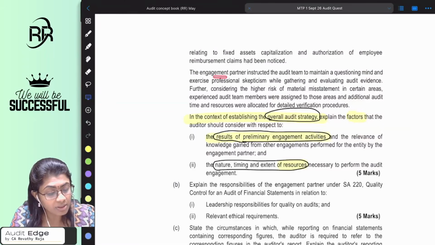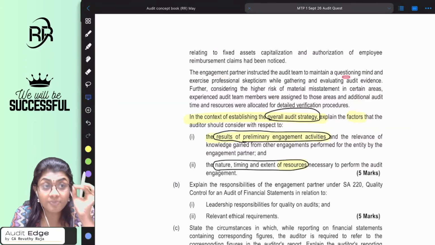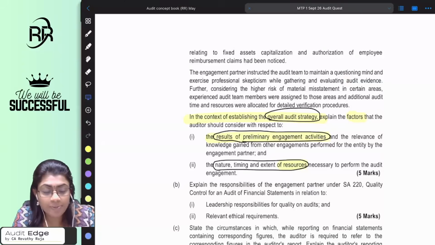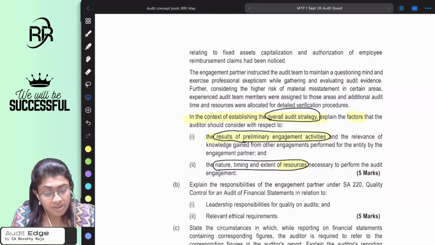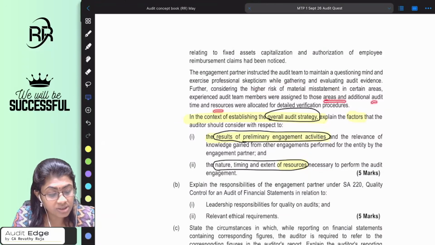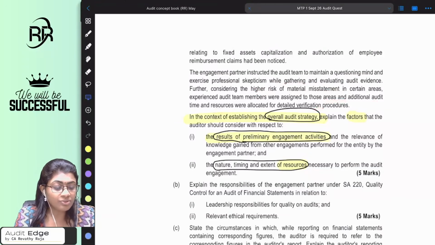The engagement partner instructed the team to maintain a questioning mind and skepticism while gathering and evaluating evidence. Further, considering the risk of material misstatement is high in certain areas, they assigned those areas additional time and resources for detailed verification procedures.